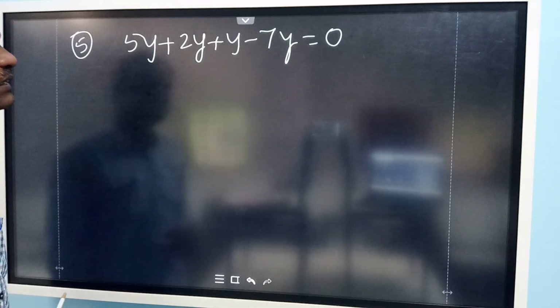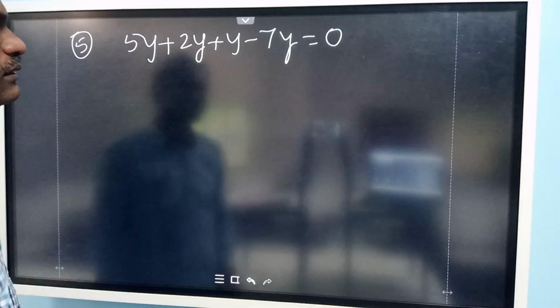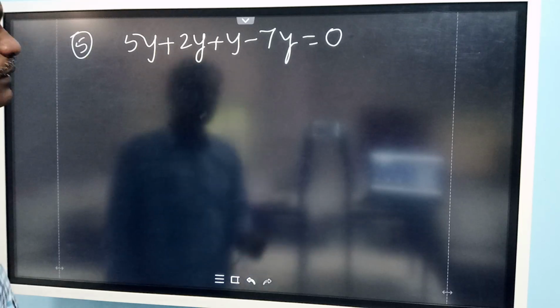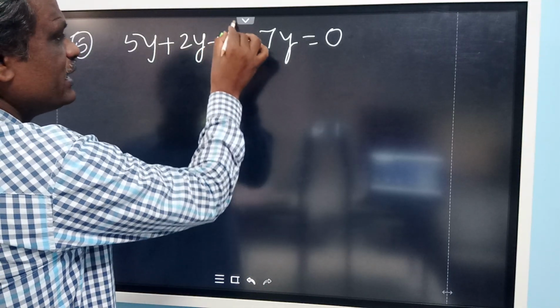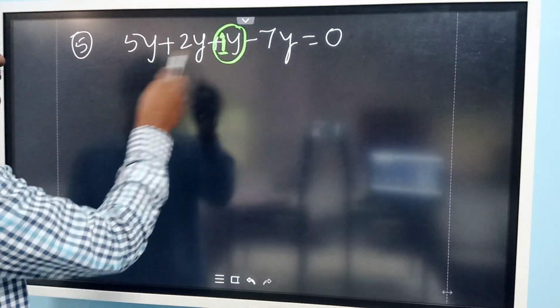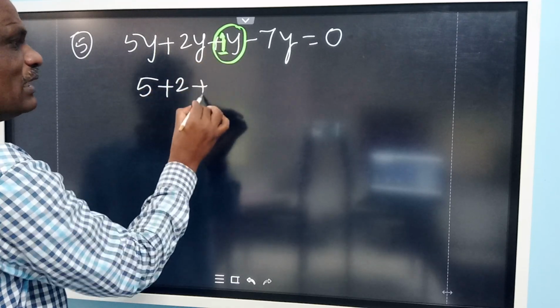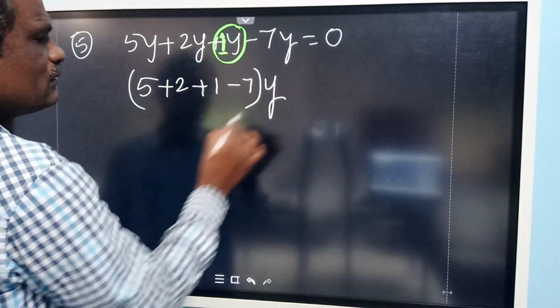So now you tell me what is wrong here. 5y plus 2y plus y minus 7y. You also add. Sir, 1 is not included. Why is the coefficient 1 not included? Here this coefficient of y, 1, is not included. This number is missing there. So now if you take y common here, 5 plus 2 plus 1 will remain, minus 7, into y.